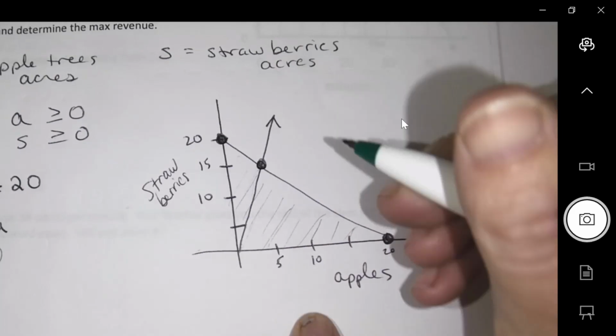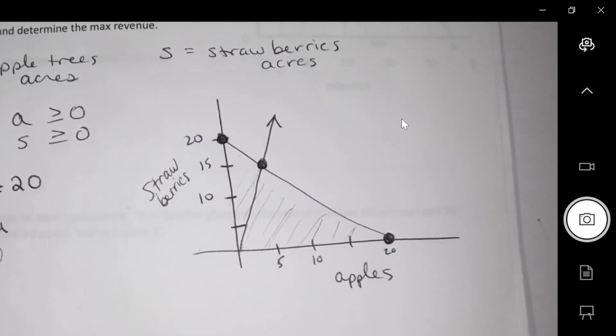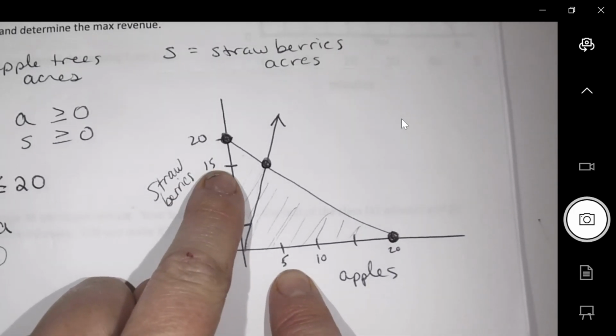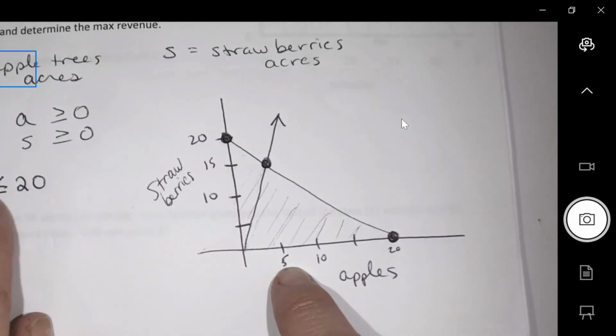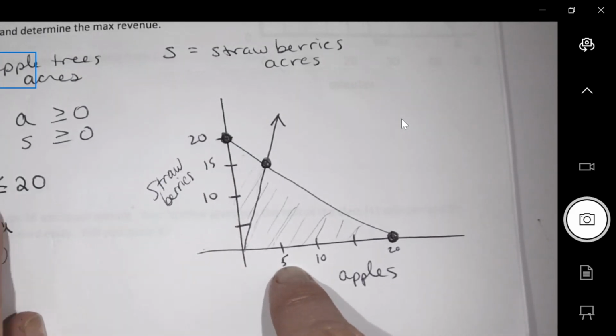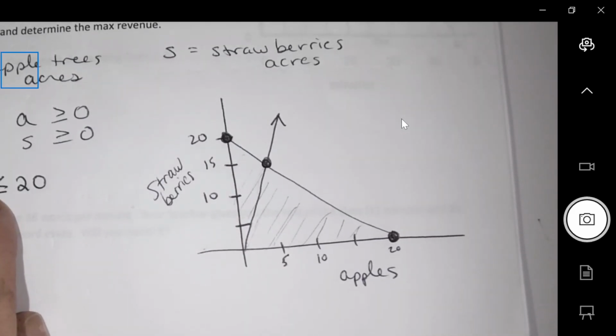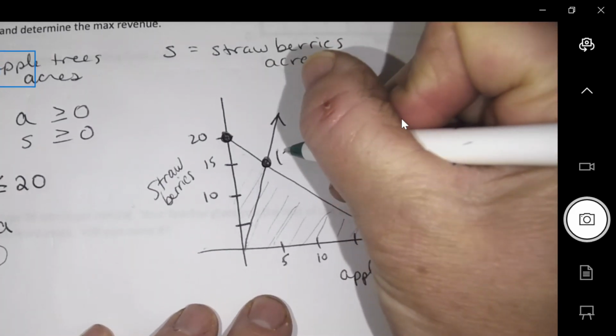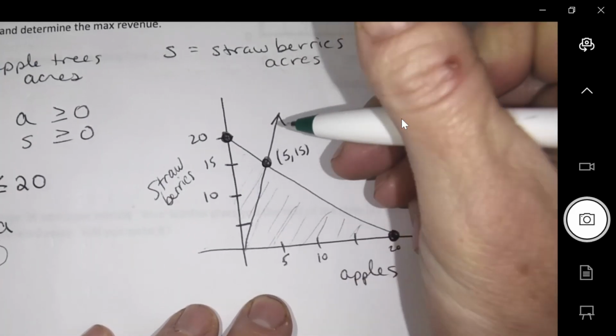And we would be going through that. And that is going to be where they intersect, because 5 plus 15 makes 20. So that is the intersection.